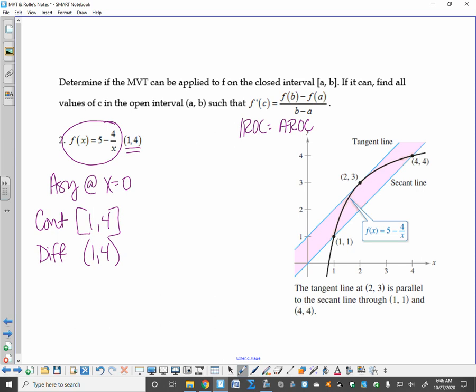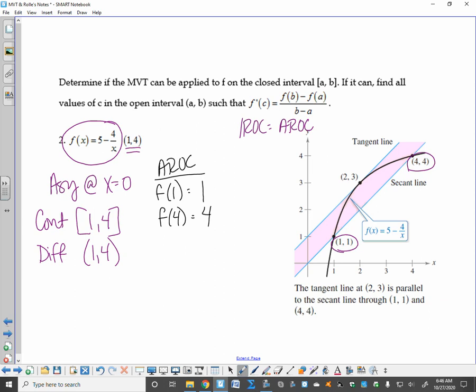They were super nice and gave me my points. If they had not done that, to find my AROC, I would have found f of 1 and f of 4. 4 over 1 is 4, and 5 minus 4 is 1, and 4 over 4 is 1, and 5 minus 1 is 4.